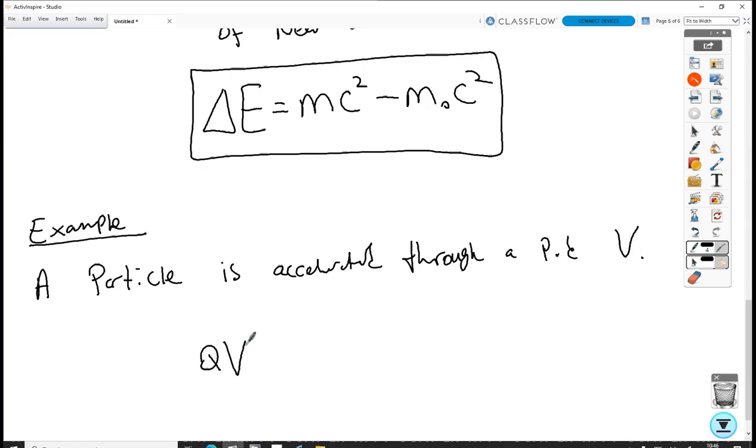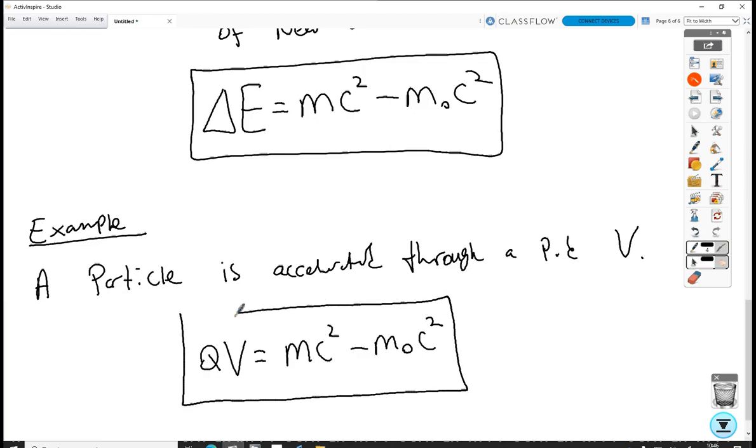So QV equals mc squared minus m naught c squared. So the question could ask you to calculate the velocity that this particle moves in.